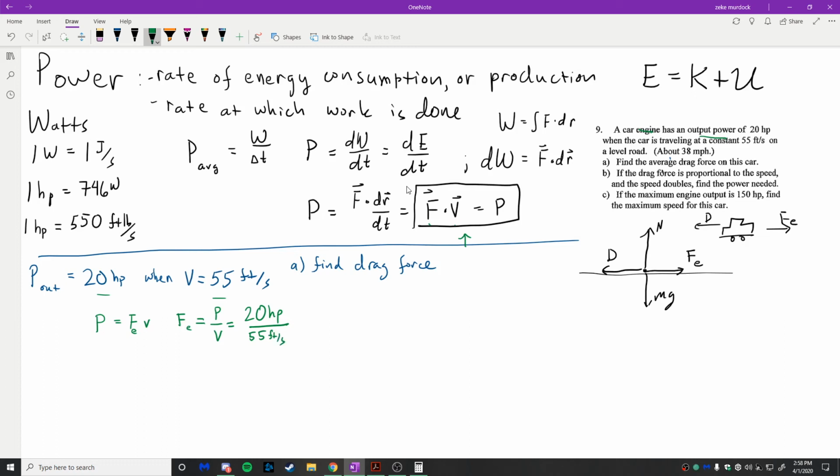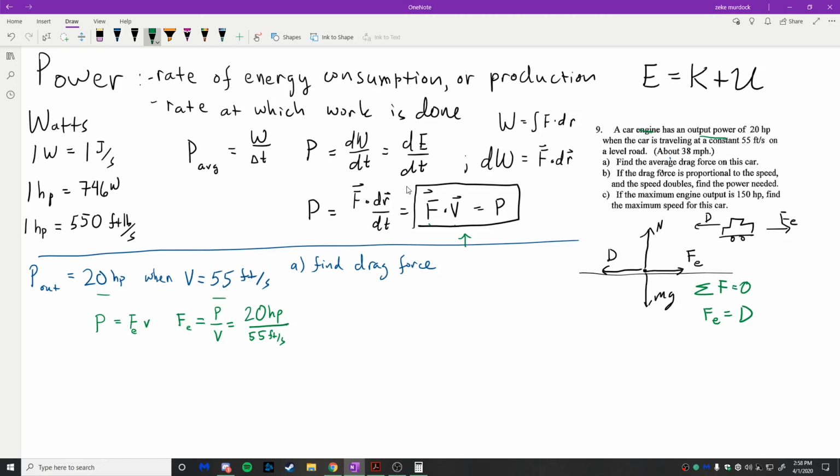But if we think about what's happening, if the car is moving with a constant speed, what does the net force acting on the car have to be equal to? 0. That means that the engine force is basically equal to the drag force. This is how it works. You're driving along the road. You need to put power into the car to actually keep it going, right? You can't just coast at 70 miles an hour down the road, right?